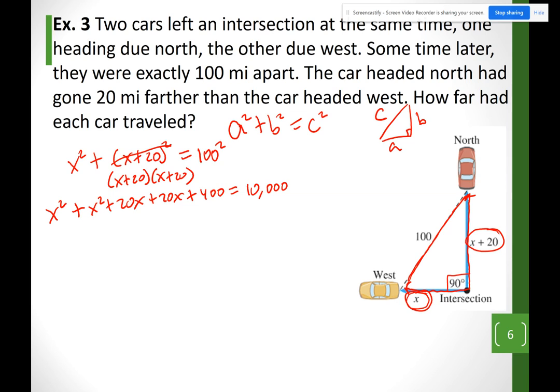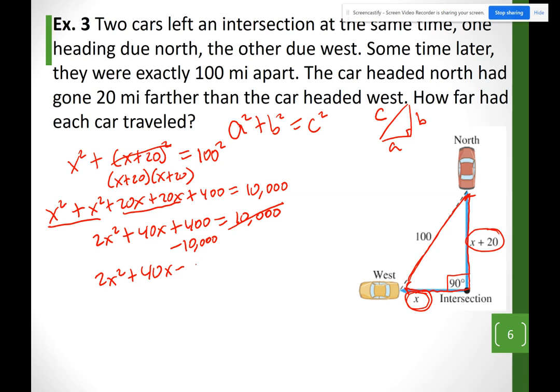To simplify things a little, x squared plus x squared gives me 2x squared. 20x plus 20x gives me 40x plus 400 is equal to 10,000. Let me subtract 10,000. So that gives me 2x squared plus 40x minus 9,600 is equal to 0.